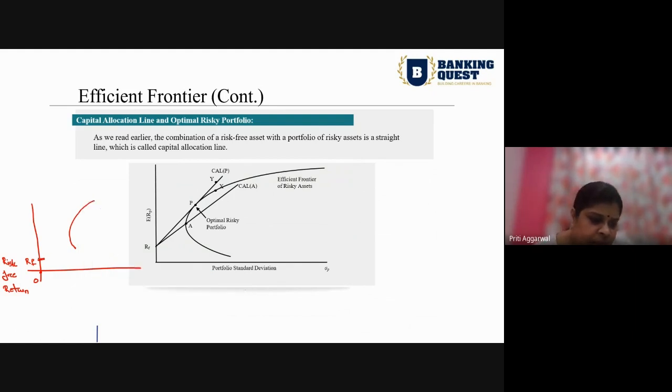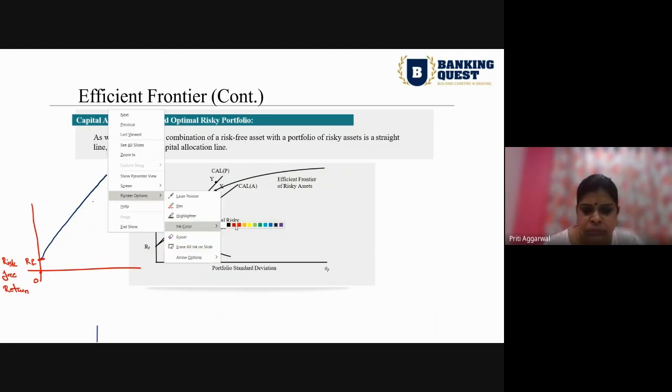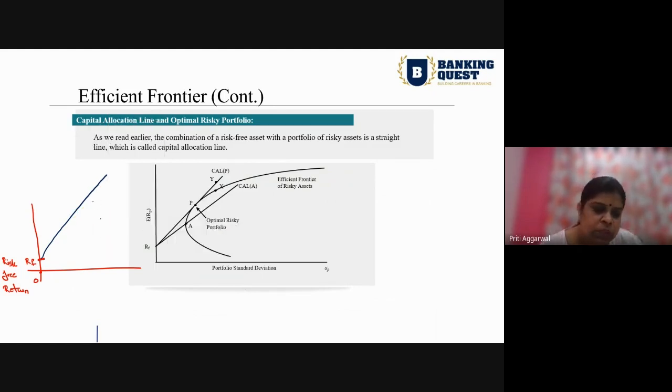So if I am drawing a line starting from the risk-free rate, joining tangential to your efficient frontier, so this is your efficient frontier, concave, right? So this is your efficient frontier. The line that joins this is called your capital allocation line.